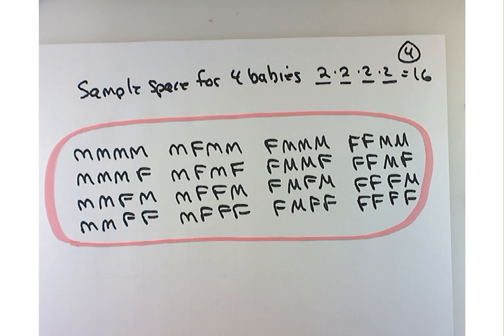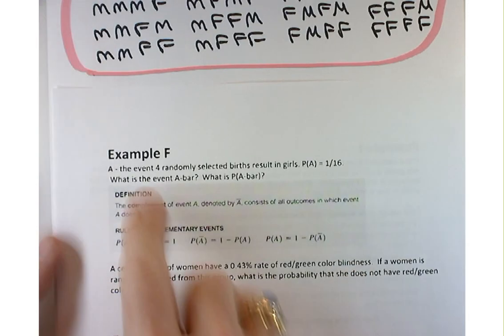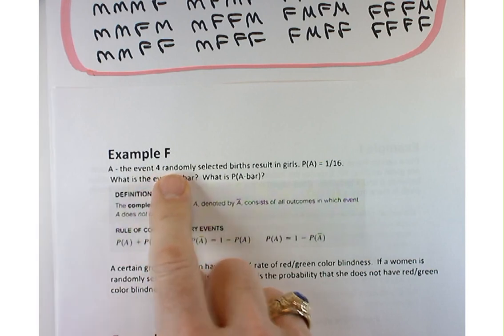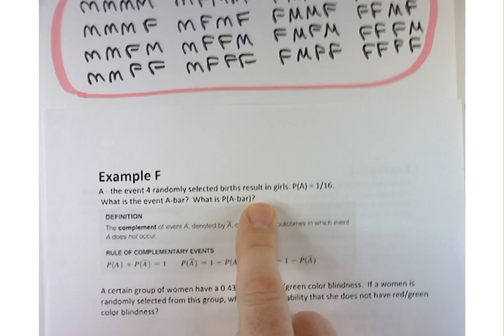Let's take a look here at the question then. And where did I put my handout? Event A is the event 4 randomly selected births result in girls.